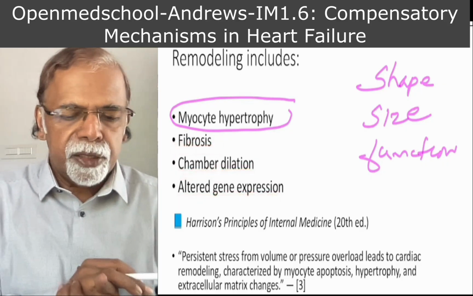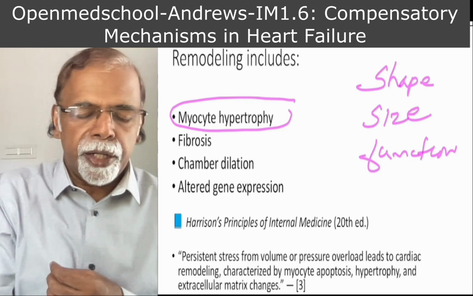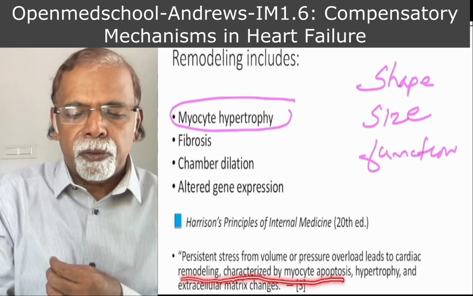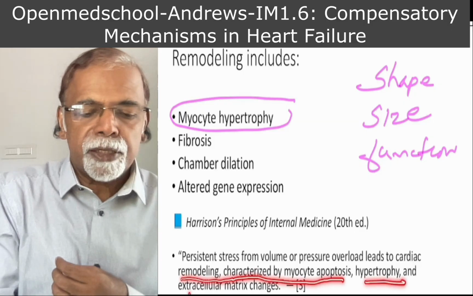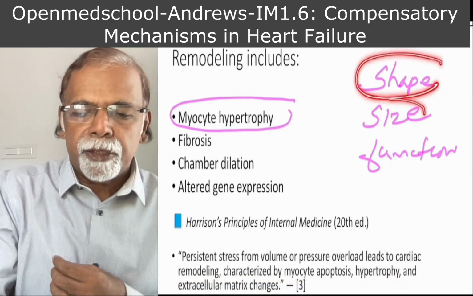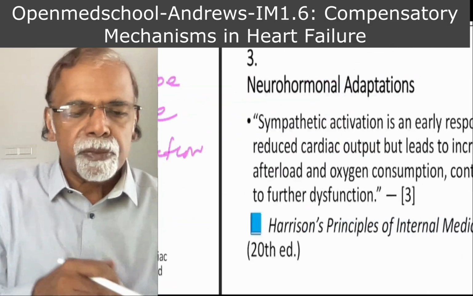As per Harrison, persistent stress from volume or pressure overload leads to cardiac remodeling characterized by myocyte apoptosis, hypertrophy, and extracellular matrix changes. That's why it is mentioned that shape, size, and function of the heart becomes abnormal.